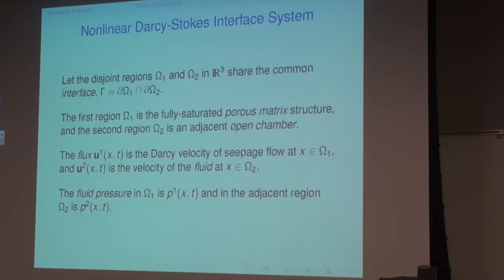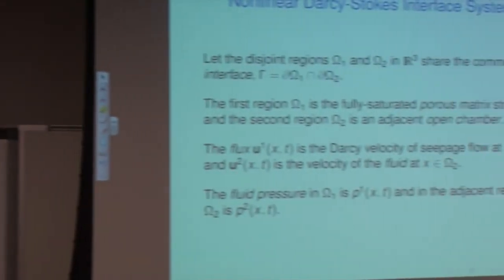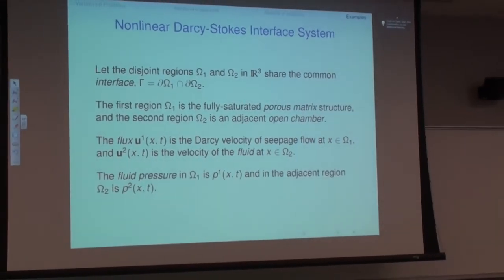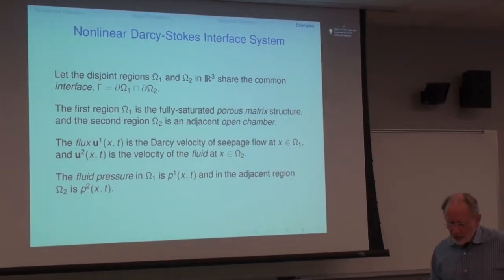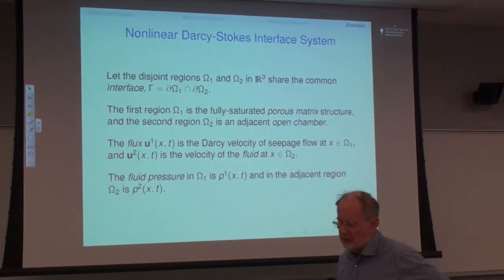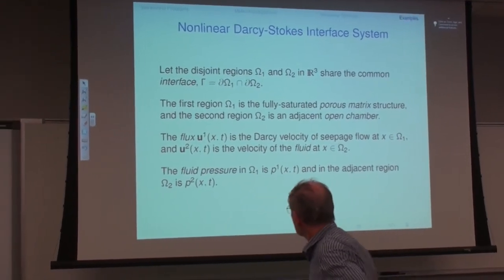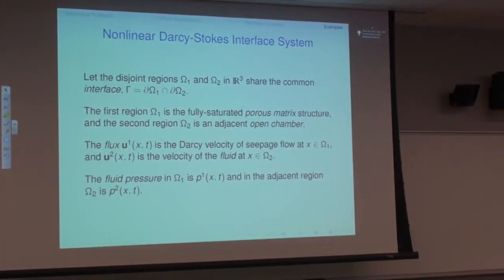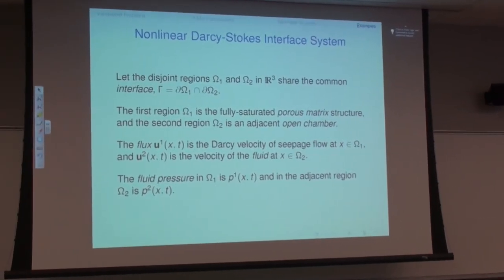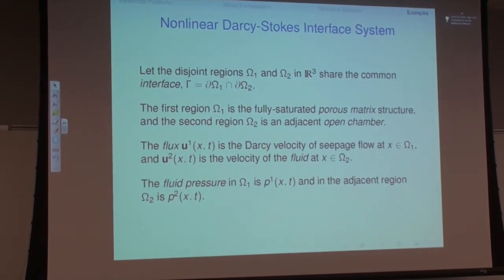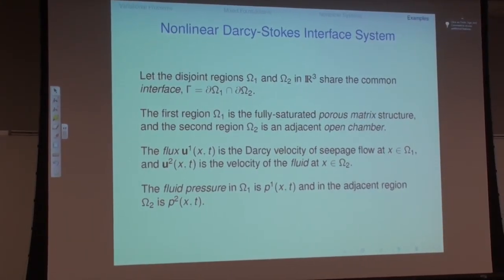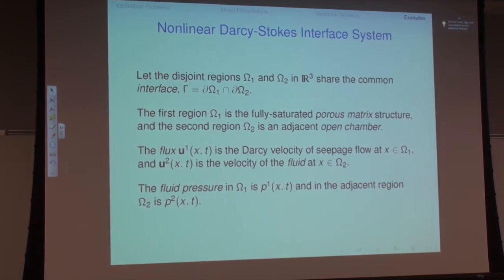And one more I want to start with here. This is the Darcy-Stokes problem. This is actually a relatively newly done problem. I have a Darcy system, porous media flow on one side, but adjacent to it is a free fluid.